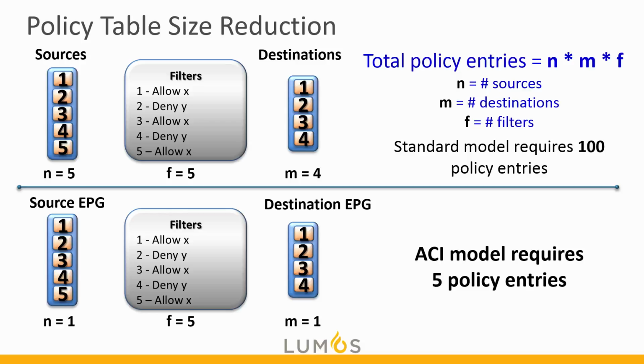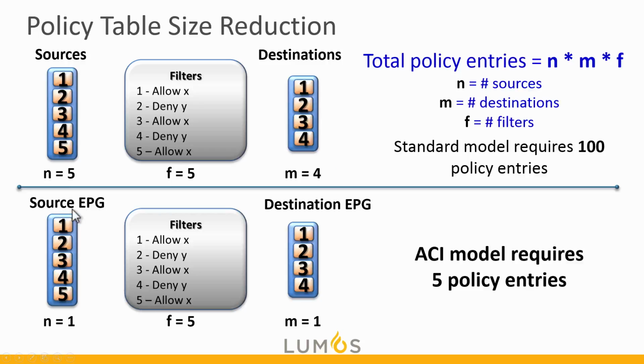In ACI, the source EPG is one class ID. So really there is one line in the ACL, in the TCAM, which is the source class ID or EPG, the destination class ID or EPG, and then the number of filters.